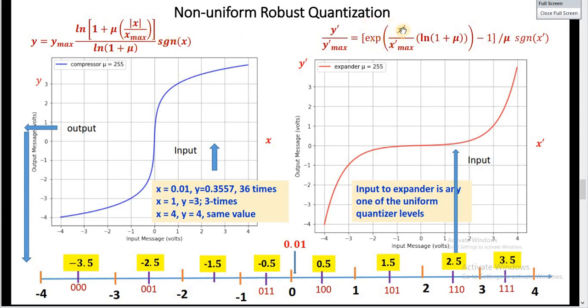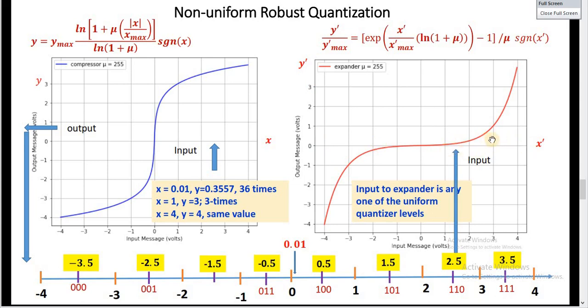So we have exponential x prime over x prime maximum ln 1 plus mu, minus 1, divided by mu, and we have also a signum function of x prime. This is the input at the receiving side, x prime, and the output is y prime.